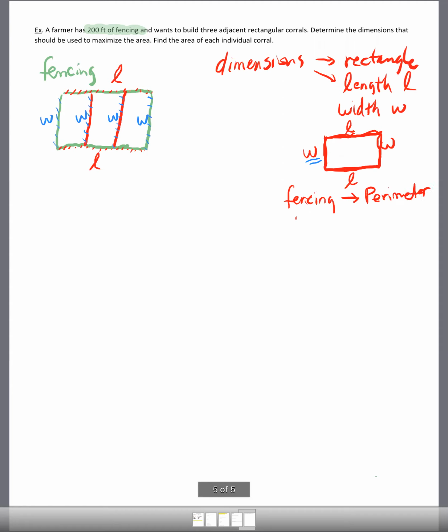And the perimeter of this particular item here, we have 2 L's that we could add together, plus we could add 2 W's together, and that's the perimeter formula. Let's go back to our picture. And our perimeter is a little bit different. We still have 2 L's that we can add together. But now we have 1, 2, 3, 4 W's, and that will make our perimeter.